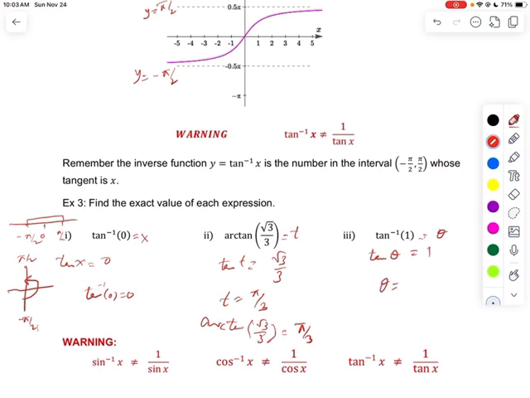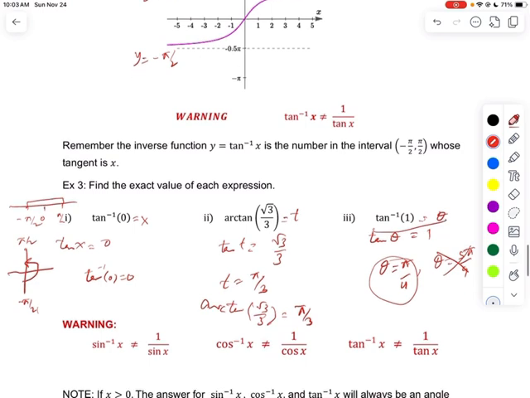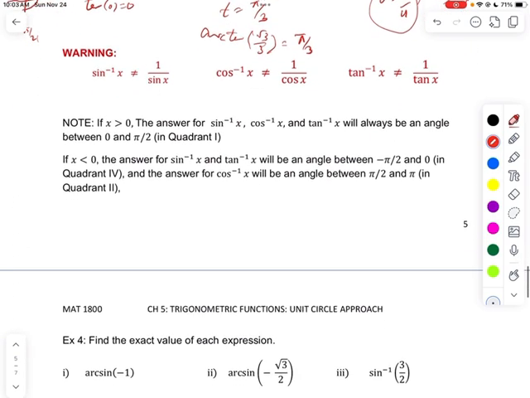You will notice that this is when t is equal to pi over 3. So arctangent of square root of 3 over 3 is equal to pi over 3.